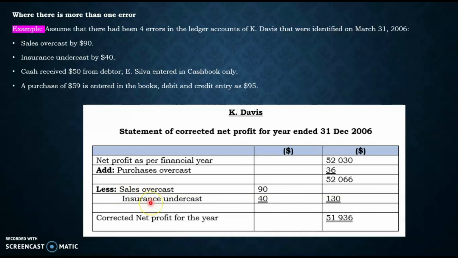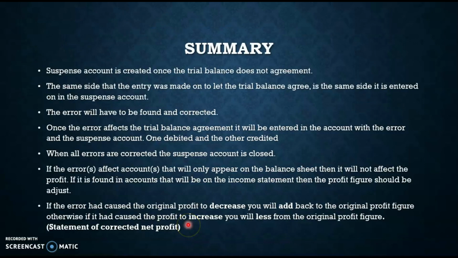And then your insurance, you would normally less it from your gross profit or the profit after you add your revenue, and so your net profit would be greater than it ought to be. So by fixing the undercast, you would less it from it, and that would be your new corrected net profit.